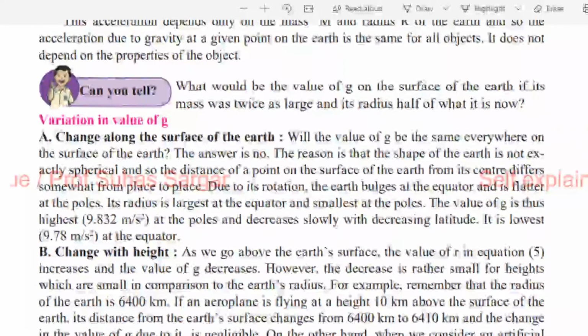Its radius is the largest at the equator and smallest at the poles. The value of small g is thus highest, that is 9.832 meter per second square, at the poles, and decreases with decreasing latitude. It is the lowest, 9.78 meter per second square, at the equator.